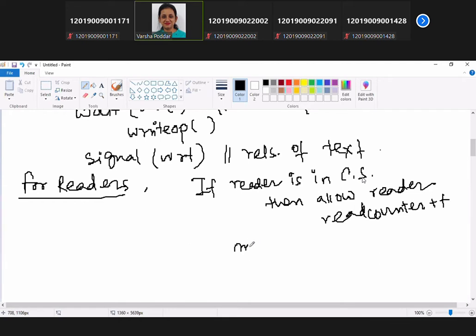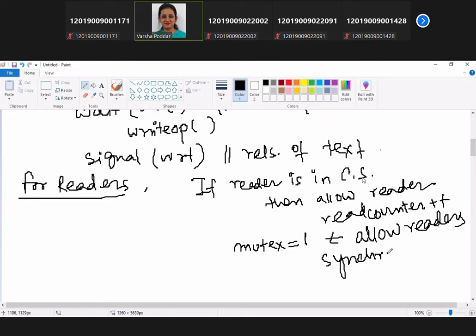So your mutex that you have, if my mutex is equal to 1, that means I can allow readers. So I can say mutex is used to synchronize between the readers.